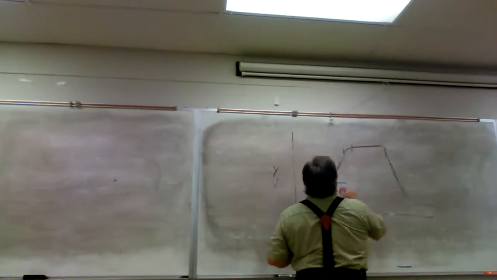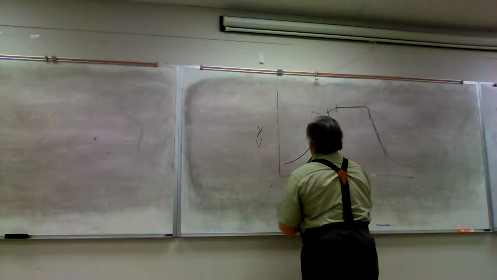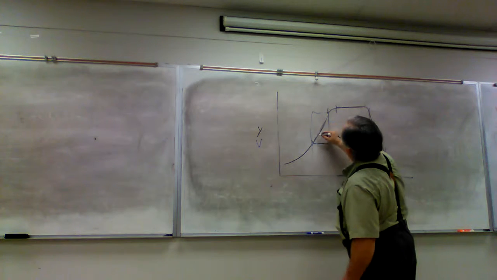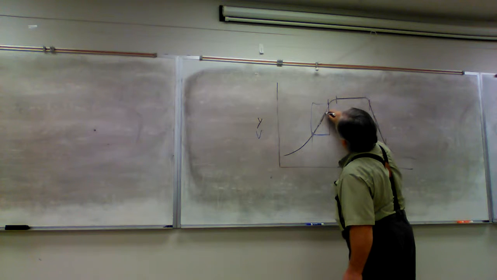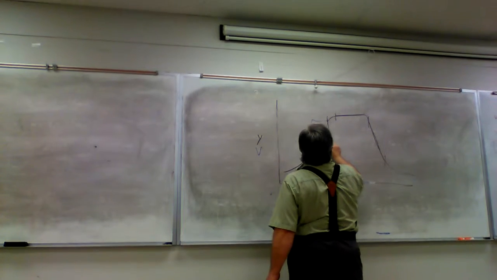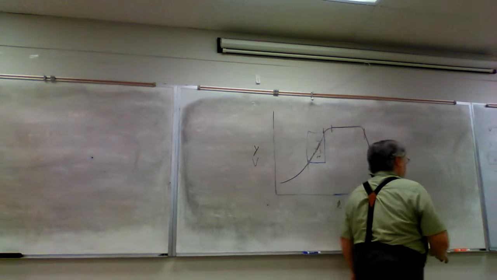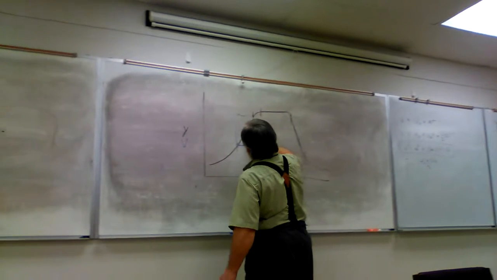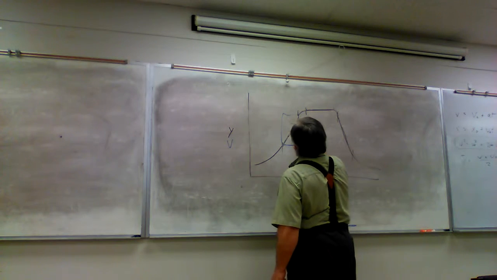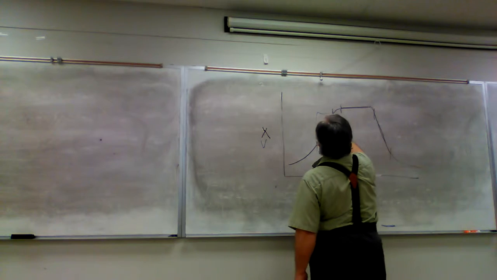Looking just at this part of the graph from here to here, the change in position from here to here is delta x. I'm sorry, I did that backwards. That's not delta x, that's delta t. This is delta x.